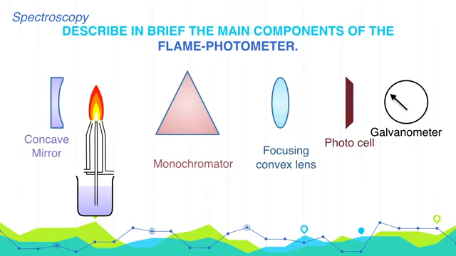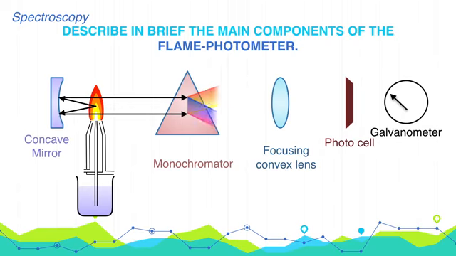When the fuel is burned at the tip of the burner, the sample solution rushes upward and then the solvent is vaporized and the solid molecules are produced. These solid molecules are then converted into gaseous atoms. Some of the gaseous metallic atoms absorb heat energy and jump to the excited state and instantaneously return to the ground state with emission of radiations, which are collected by concave mirrors and are incident after passing through monochromators.